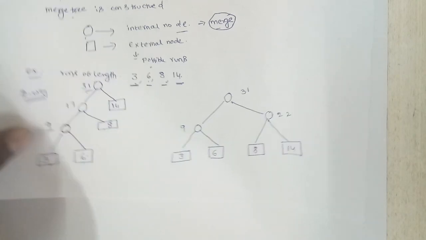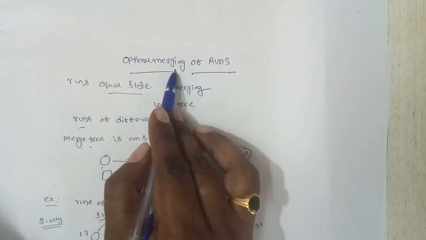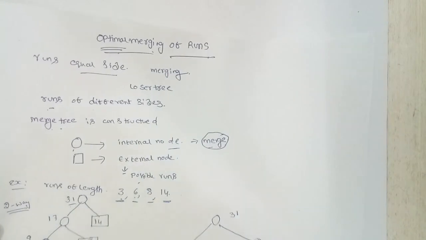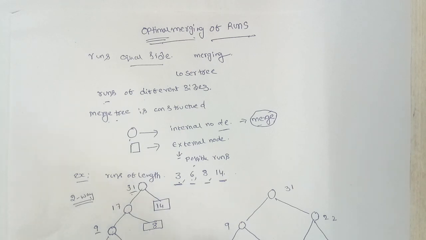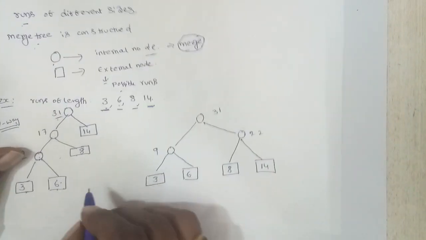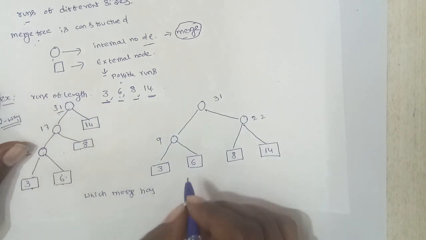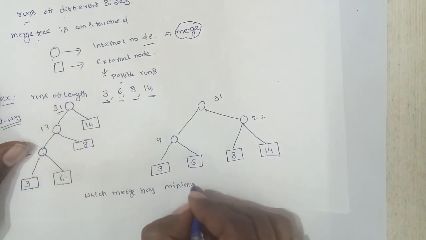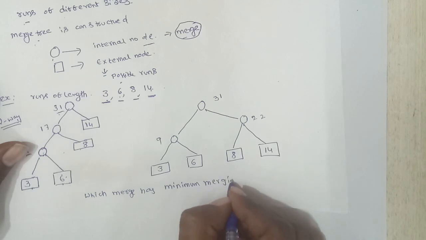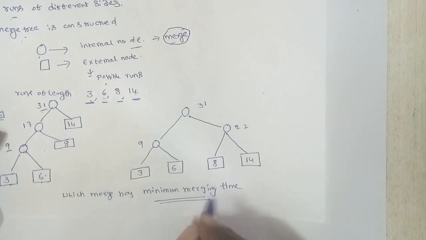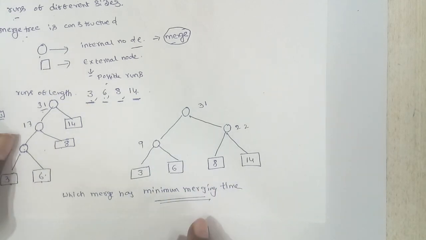But what is the question? The question is merging the runs in an optimal manner. How can you say whether it is an optimal tree or not? Which tree has the minimum merging time, that tree is called the optimal merge tree.